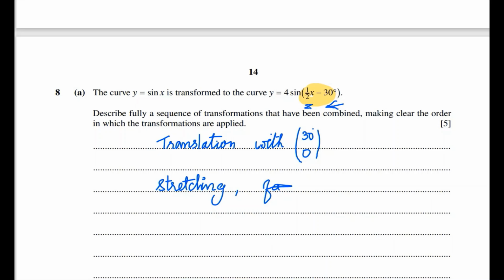With the stretching factor 2, and this is the horizontal transformation, so it is a factor of 2, it gets stretched along the x direction.